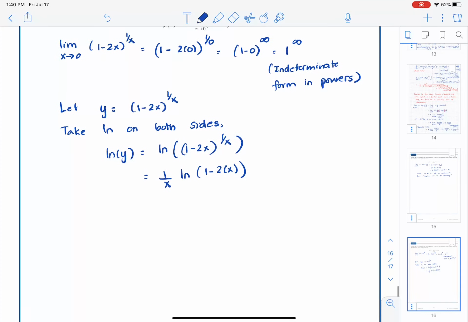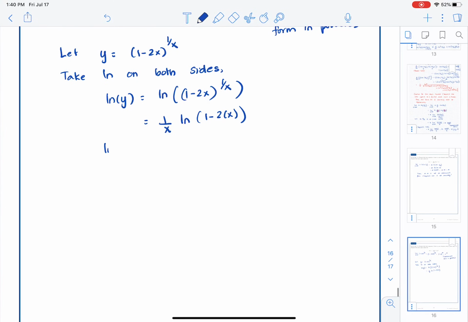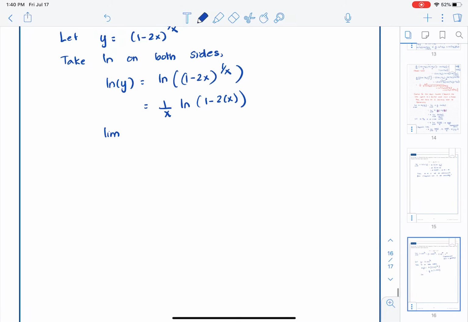And let's take the limit on both sides. So the limit of ln of y is the limit of 1 over x times ln of 1 minus 2x.